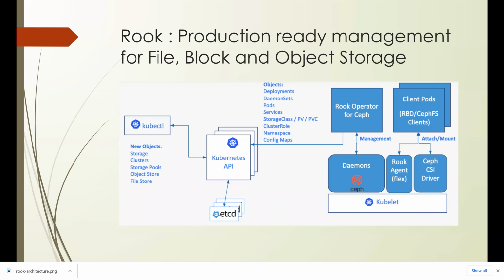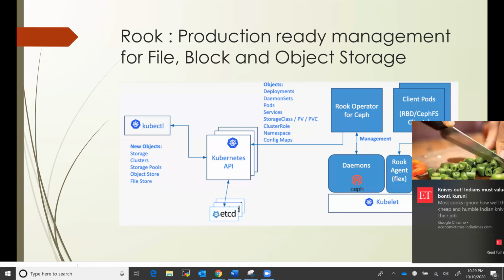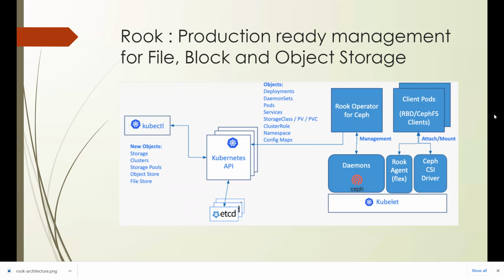So now let me go to the production level implementation of storage classes. What you saw is storage classes, and this is the storage class you can see here, right?